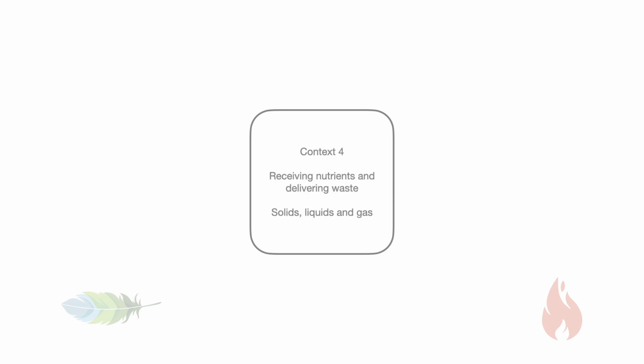The context here is more so receiving nutrients and delivering waste back to system 5. So the gray box that we really just worked with was system 5, and this is system 4.